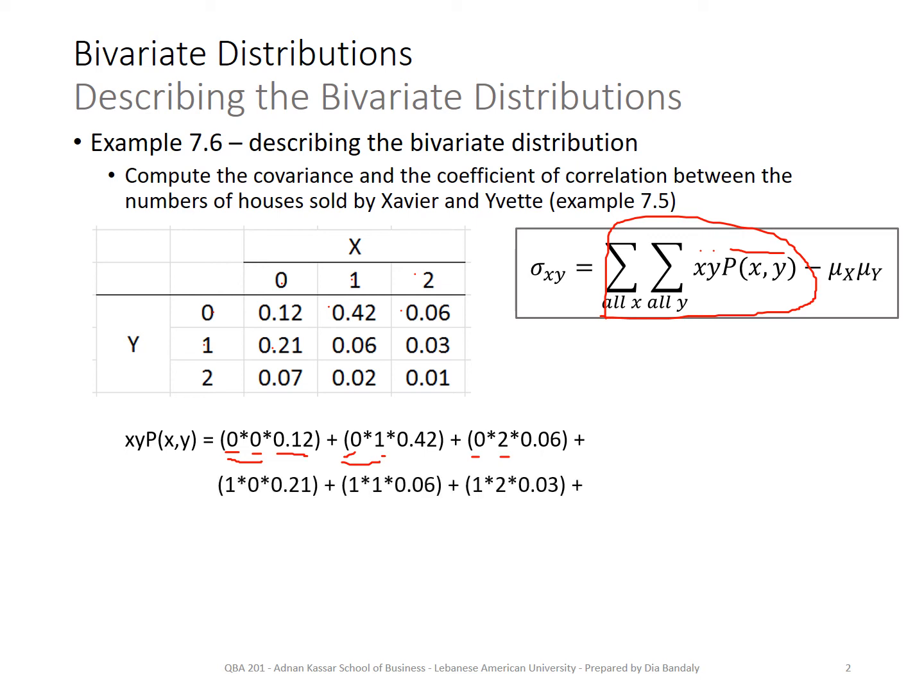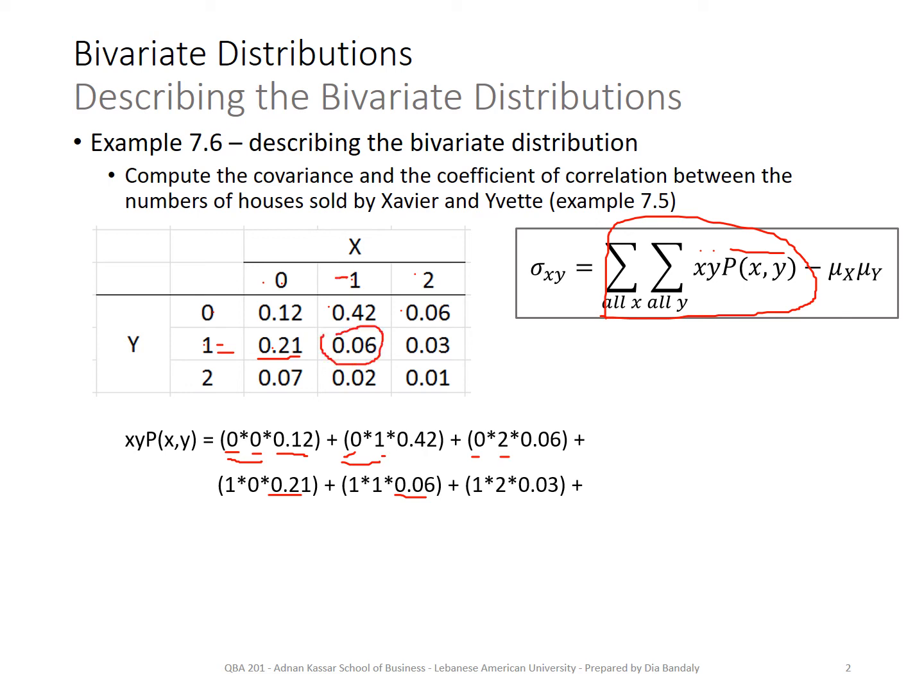The second row will take care of the combination of y is 1 with all the other values of x. You can see here that, for example, this 0.21 I'm getting from multiplying 1 times 0 times this, and the 0.06 is 1 times its corresponding probability.